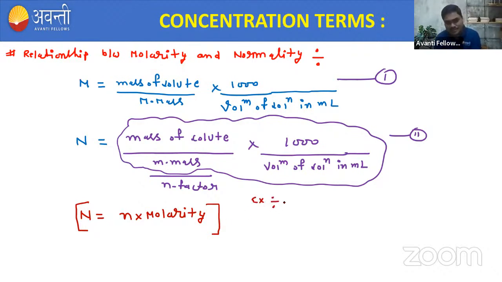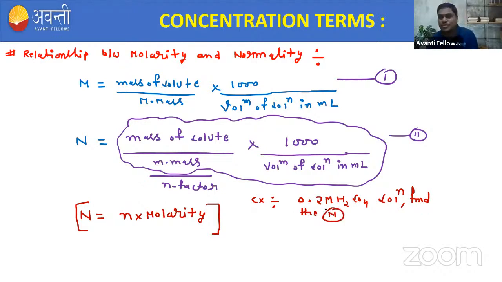If someone says we have a 0.2 molar H2SO4 solution, calculate the normality for this. So how will you find the normality of this solution? 0.2 molar means the molarity is given. We know that normality is nothing but n factor into molarity. So what is the n factor in case of H2SO4?